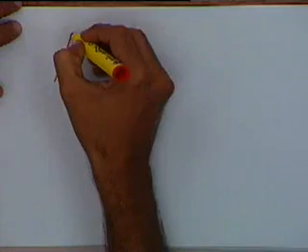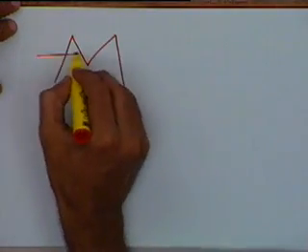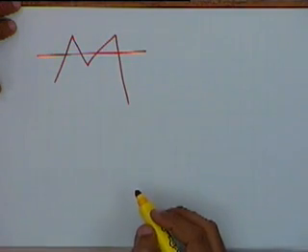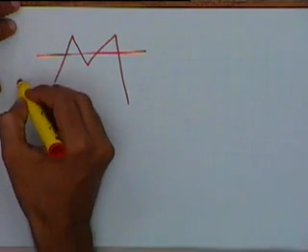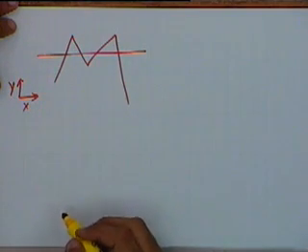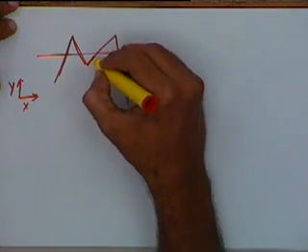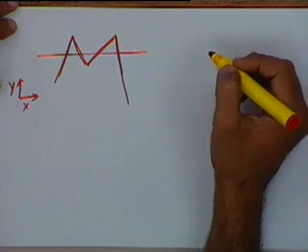Let's say if I have a polygon like this and a scan line like this. Now I am talking in the xy plane. My active edge list will contain this edge, this edge, this edge, and this edge.